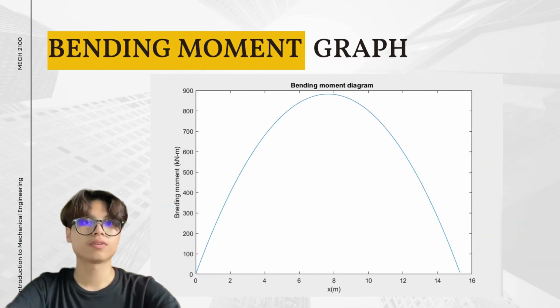The second graph is the bending moment diagram, with the x-axis x in meter, same as before, and the y-axis bending moment in kilonewton meter. This curve shows that the relationship is parabolic. That's all from me. Thank you.